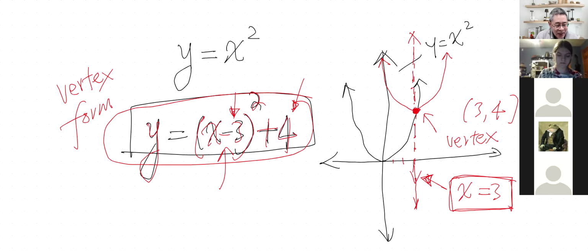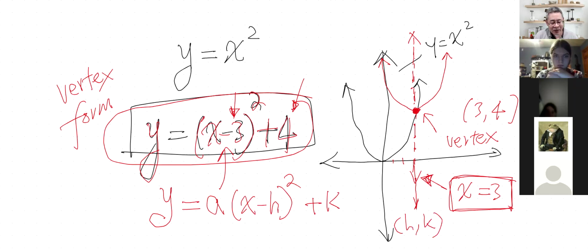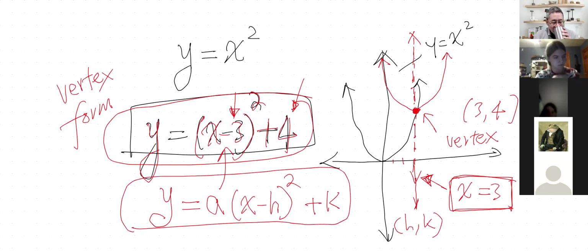It's written as y equals a times (x minus h) squared plus k. Now our vertex, of course, in this case will be (h, k). So that's why we call it vertex form, because knowing this form, we can find the vertex point.